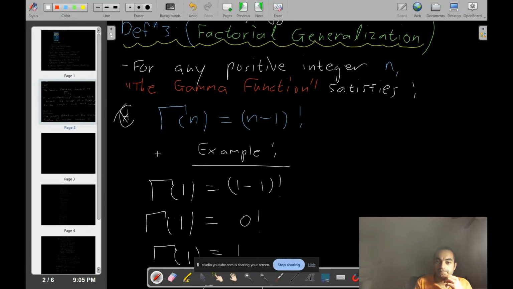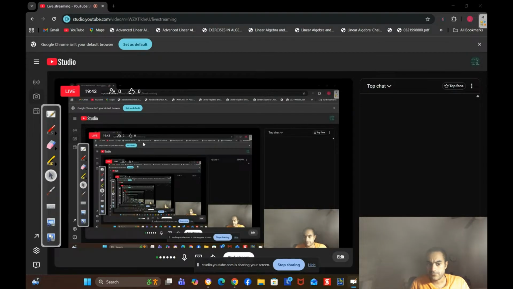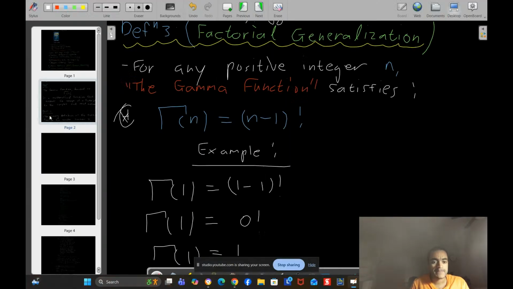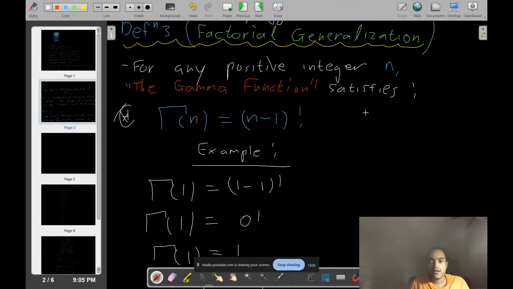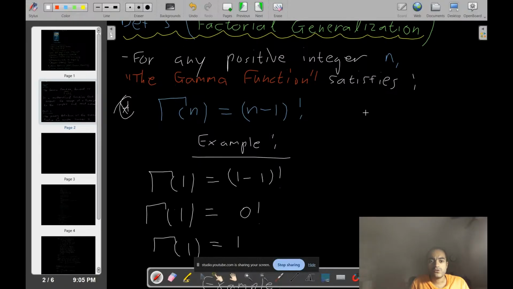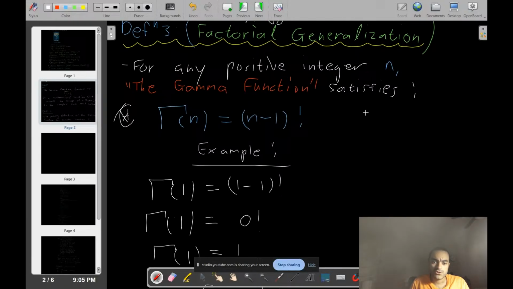Definition 3. We're going to look at a factorial generalization. You know from earlier I was talking about the n factorials. That's what we're talking about right now. So we're looking at definition 3, the factorial generalization of the gamma function.